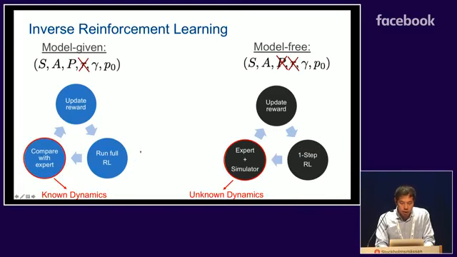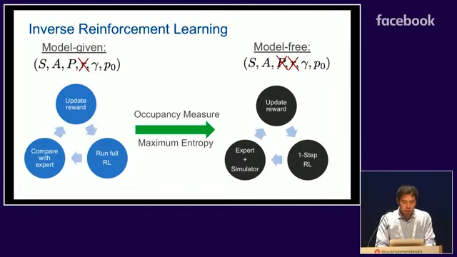And we go from a simpler setting where the dynamics are supposed to be known, which allows us to compare the policy performance with the expert easily, to the model-free case where it's trickier, but we replace the requirement of knowing the dynamics with access to an environment or simulator to gather more data. And essentially, we unify these two perspectives using occupancy measures and the maximum entropy principle.